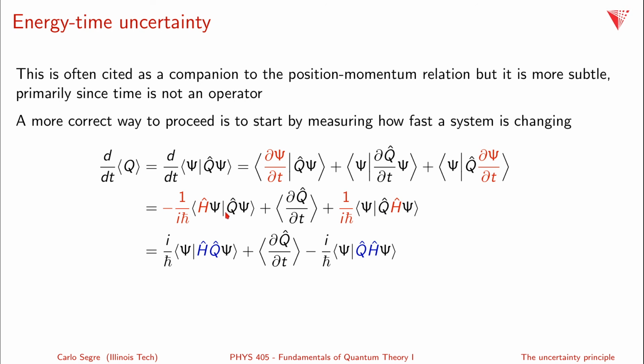And bringing it over to the right side, I paste it onto the left side of Q, and I get, let me bring the i up on top, i over ħ, inner product of psi with HQ psi, plus the expectation value of dQ/dt, minus i over ħ, psi inner product with QH psi.